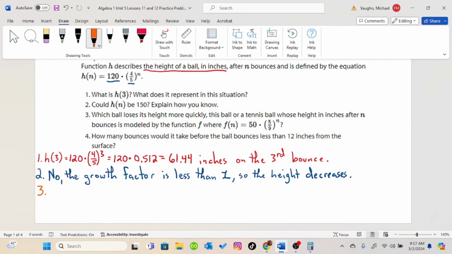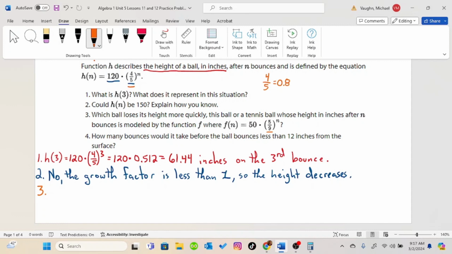To answer this question, we have to look at the growth factors. We already said 4 over 5 is equal to 0.8. So after every bounce, it maintains 80% of its height.